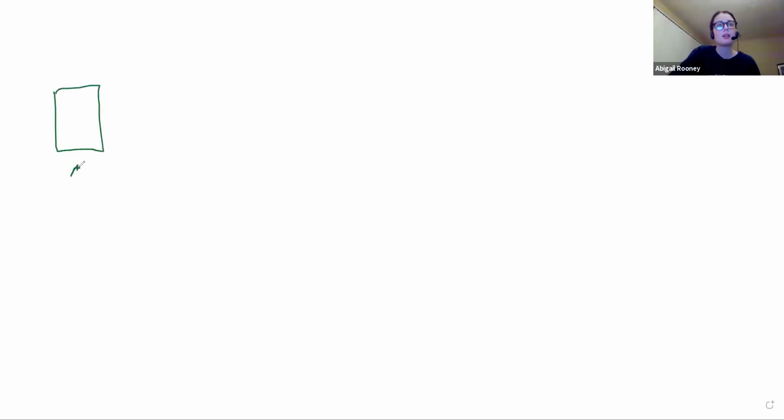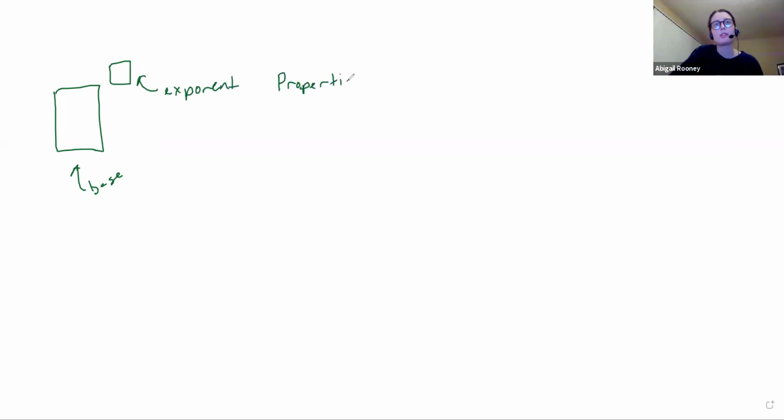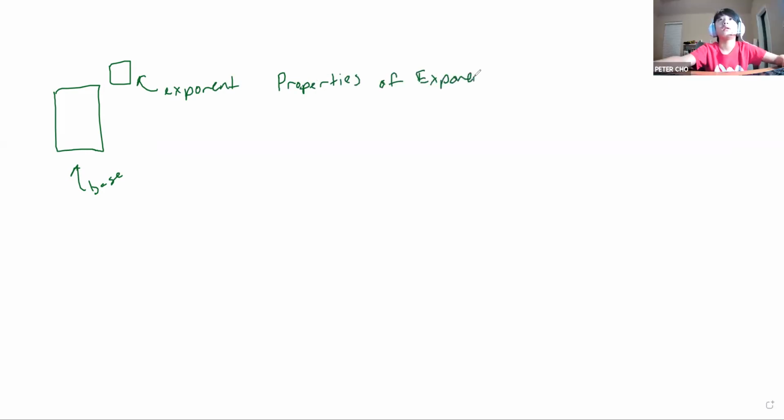Okay. So what you did is basically we have some big number, a base, and then some little number, an exponent, which you know from school, right? Yes. But we have what are called properties of exponents. One of the properties has to do with multiplication.